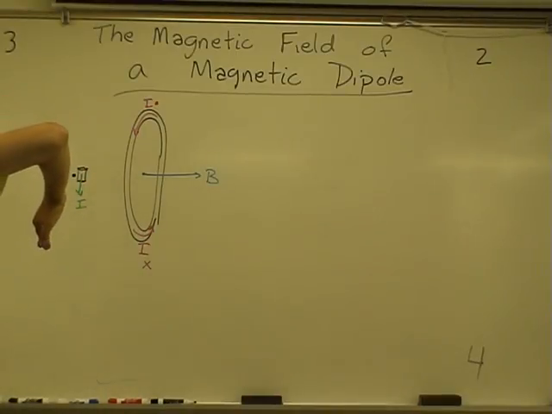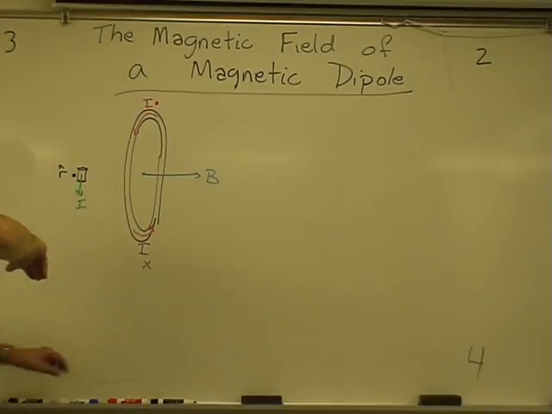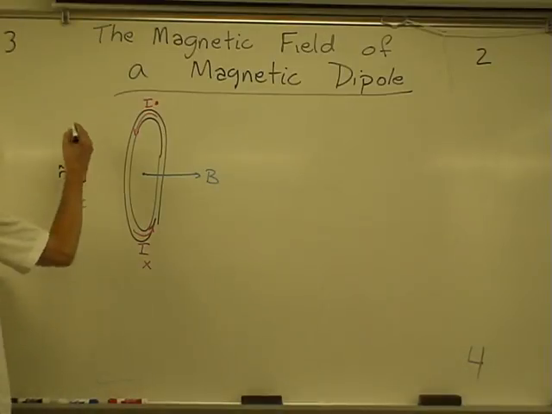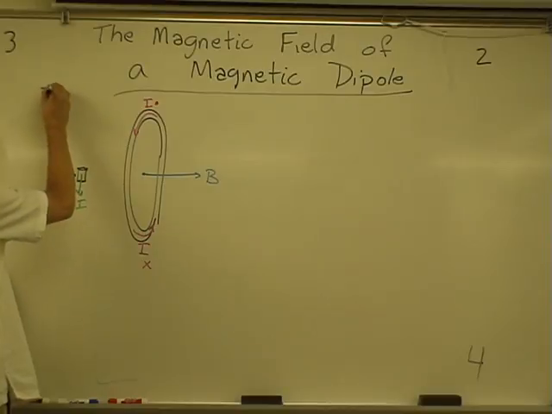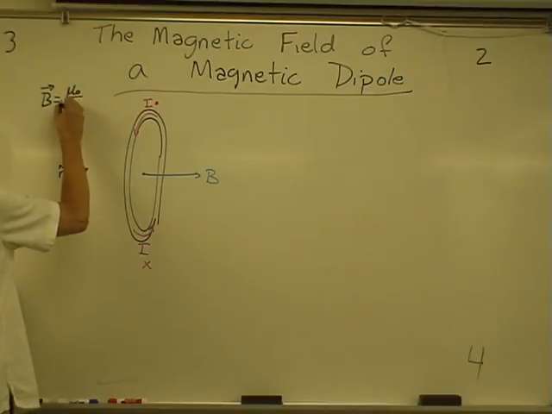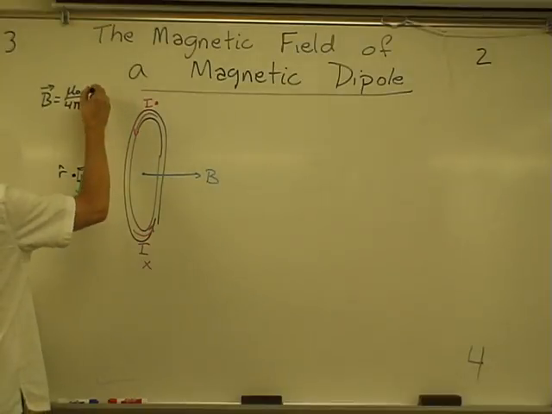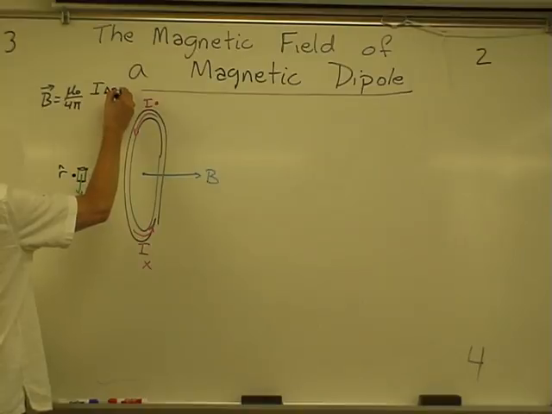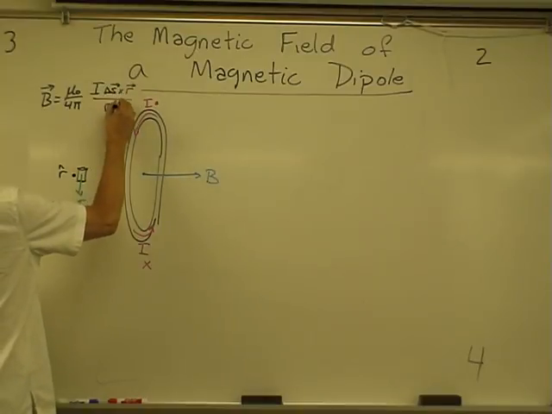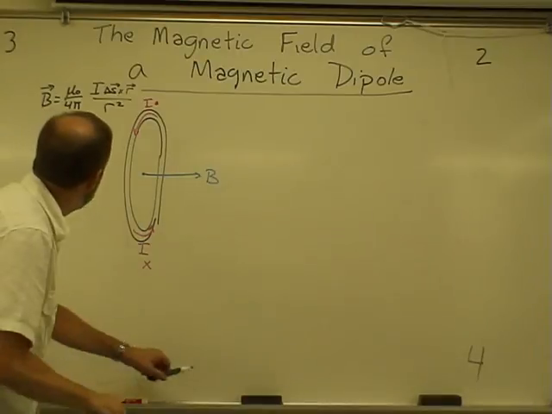So, to go from the Biot-Savart law to that tiny point, where the magnetic field is equal to a constant times I ds cross r hat over r squared.